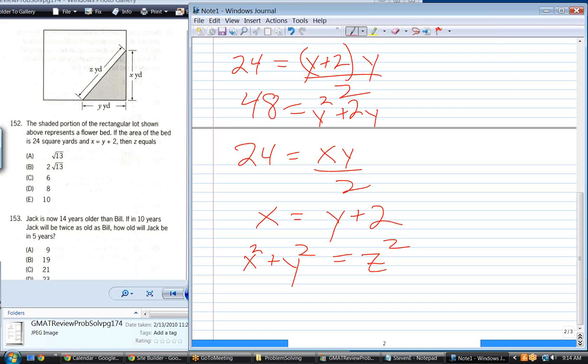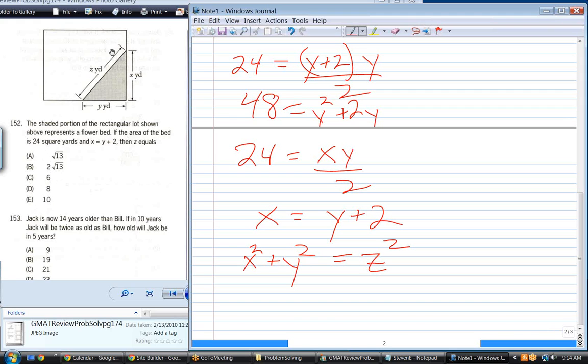Yeah. It does highlight a problem, though. I mean, not a problem, but see, I truly think they did design this with the people who look for 3, 4, 5 triangles. Because if you're looking for a 3, 4, 5 triangle, obviously z isn't 5. That's not one of the answers. Doesn't make sense for z to be 6 or 8, but this 6, 8, 10 kind of is a clue.